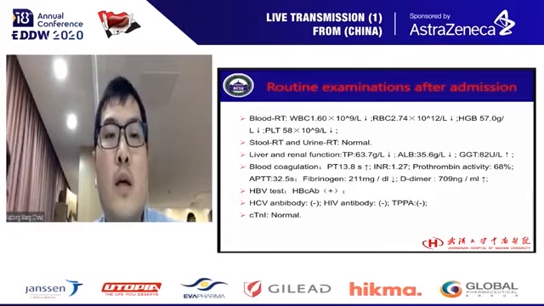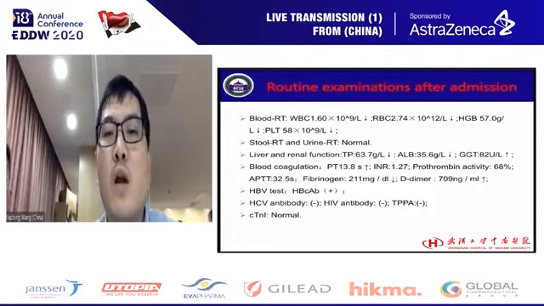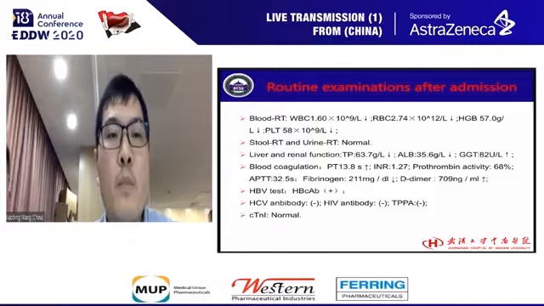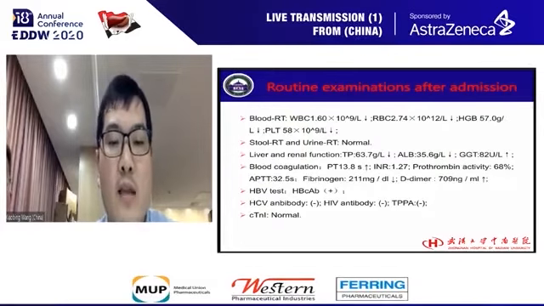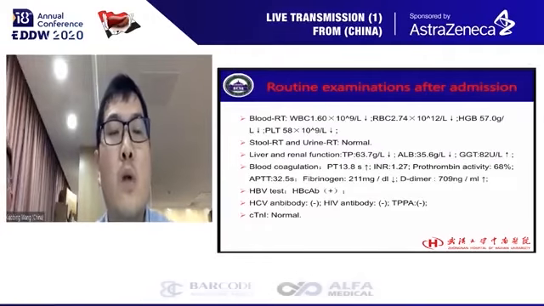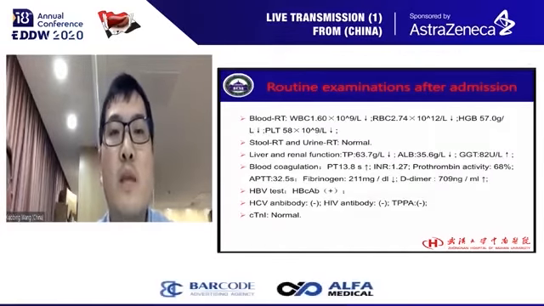Liver and renal function indicated decreases of total protein and albumin, and a slight increase of GGT. Blood coagulation test indicated slight abnormalities for prothrombin time, prothrombin activity, and fibrinogen. A slight increase for D-dimer was also found.